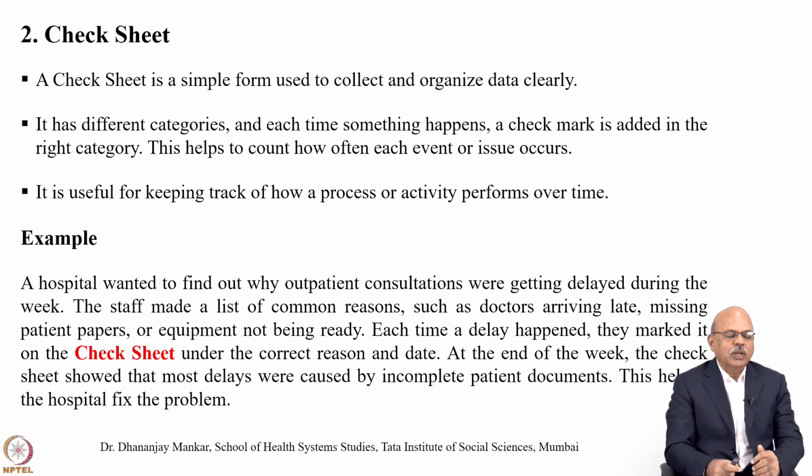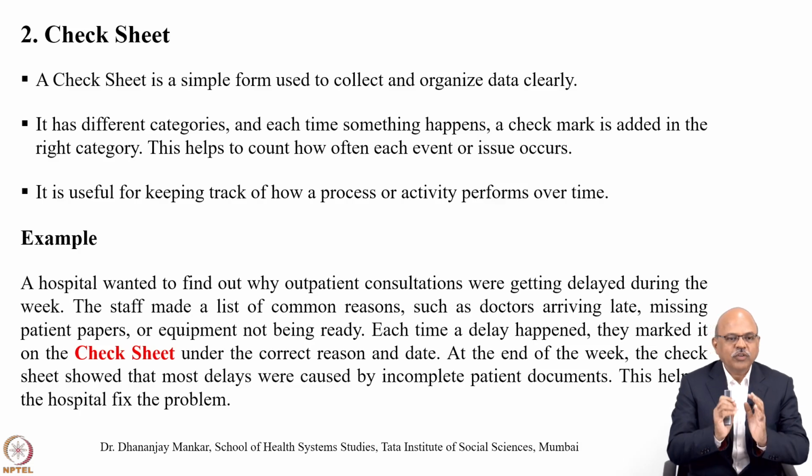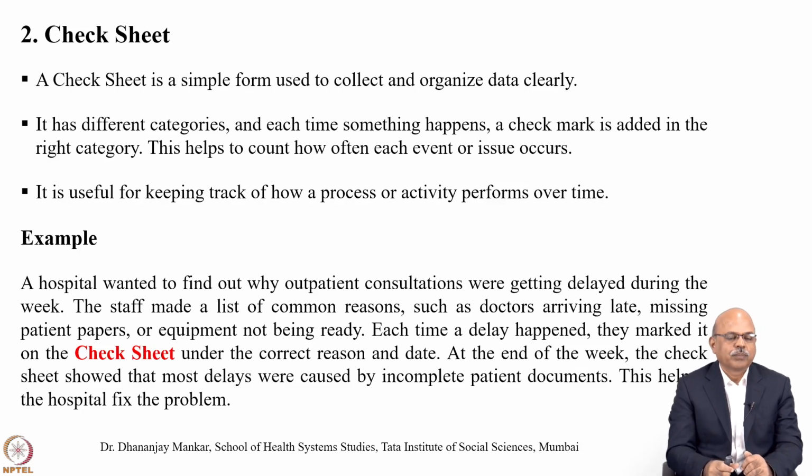In continuation, after the fishbone diagram, we will emphasize more on the check sheet. The check sheet is a simple form used to collect and organize data. Every time, you have to emphasize getting the data and organizing it clearly in the check sheet.